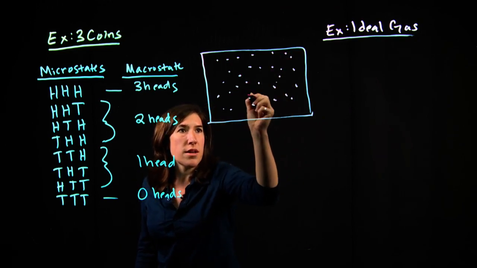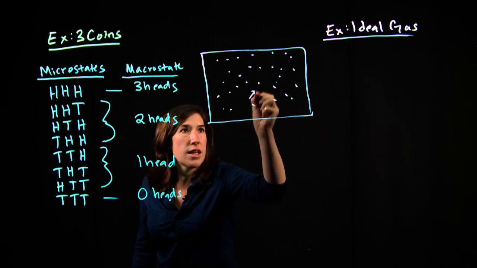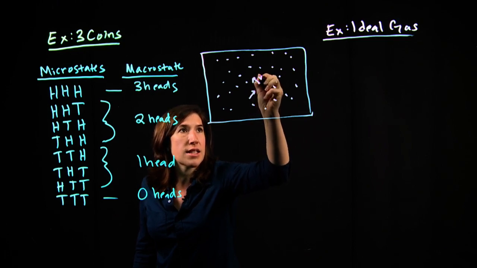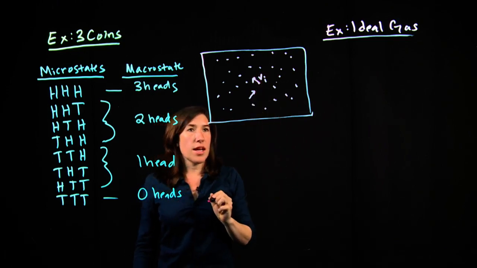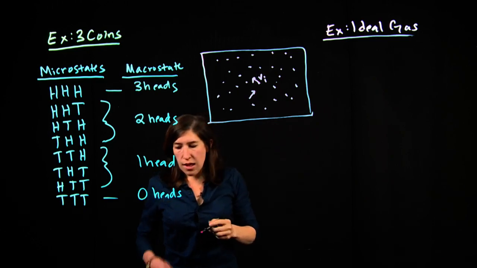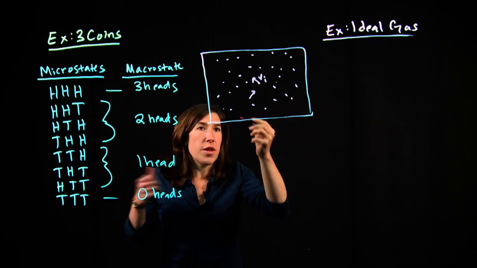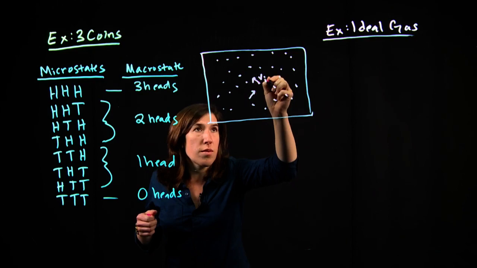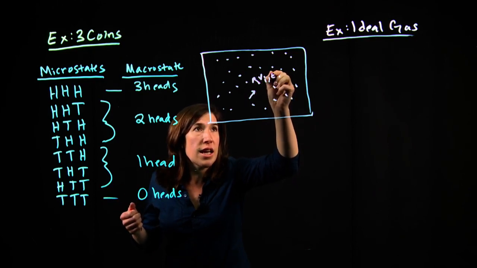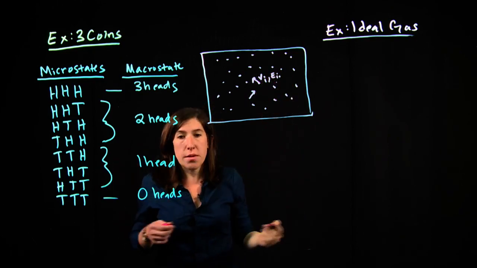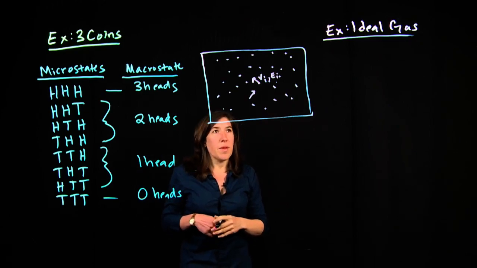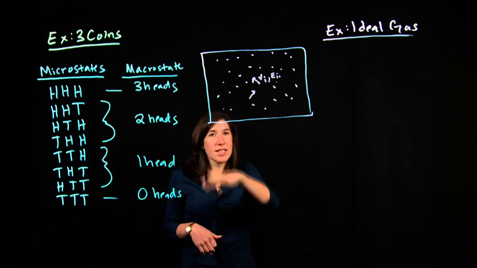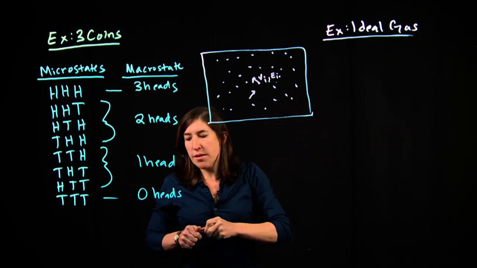Each one is going to have some little velocity. Let's say the ith particle has velocity vi, and each particle will also have some energy ei. It'll have some position. If we want to describe our ideal gas, then we could have all this information.